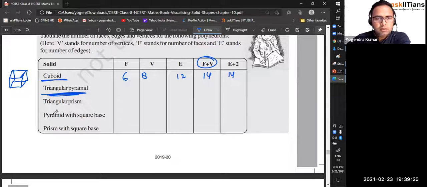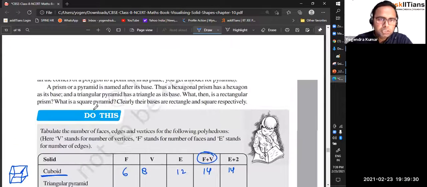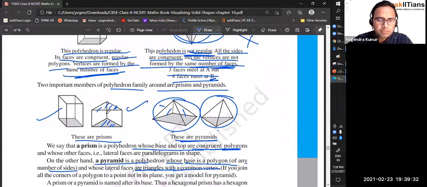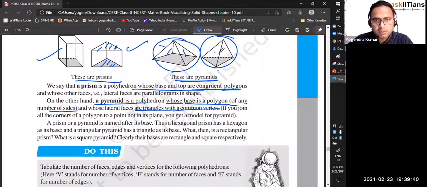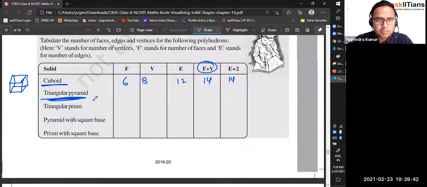Triangular pyramid. Okay, what is the shape here? Can you see the triangular pyramid? These are pyramids. So what do we have? Like this, right?